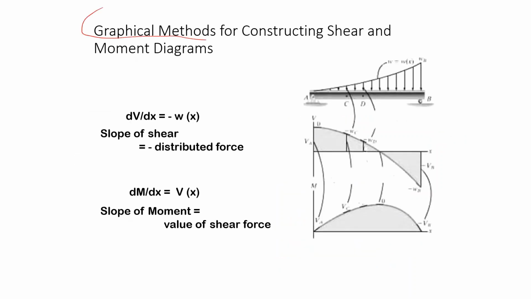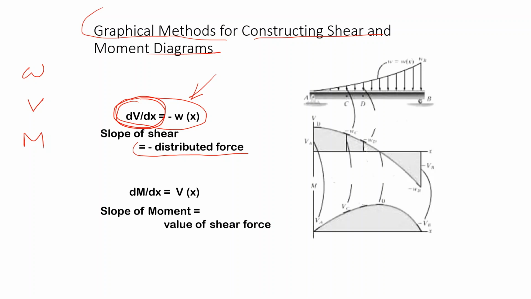The graphical methods for constructing these diagrams. Well, we know that there are relations between the distributed force, the shear force, and the bending moment. These relations we will not derive, but just mention and make use of. The first one: the slope of the shear is the negative distributed force.